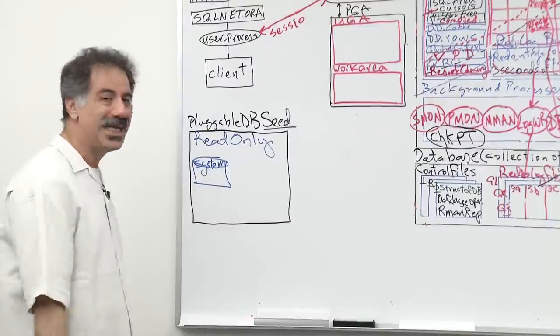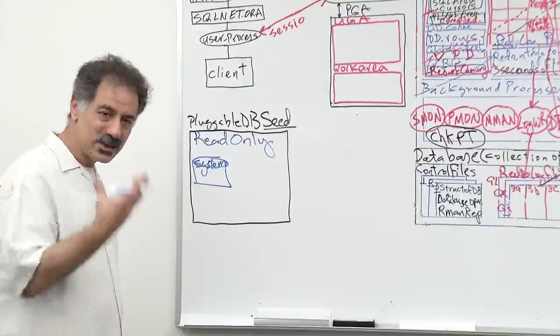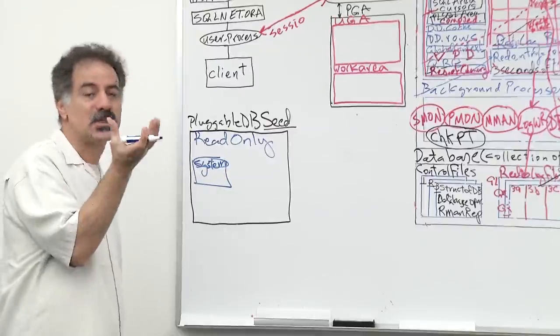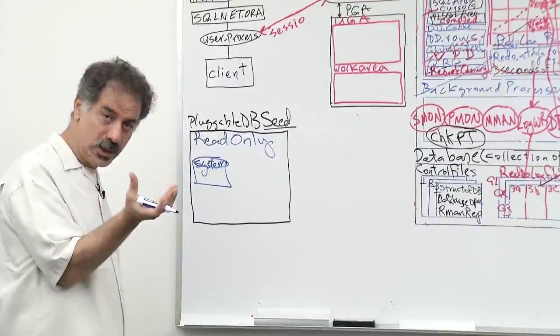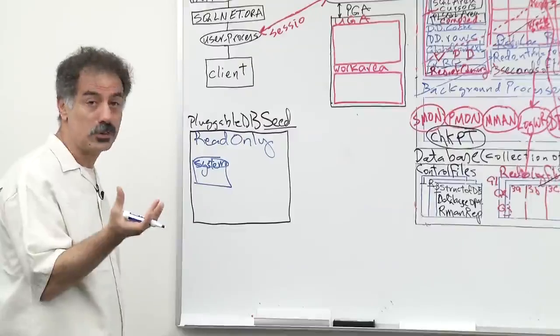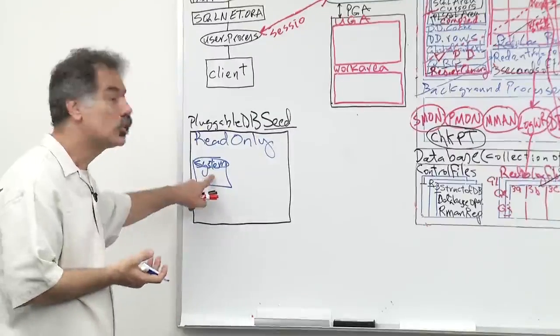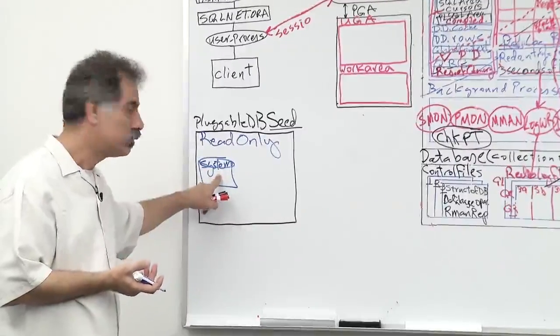As I told you, each pluggable database has its own independent set of objects and manages its own files. To do that, it has its own system tablespace.